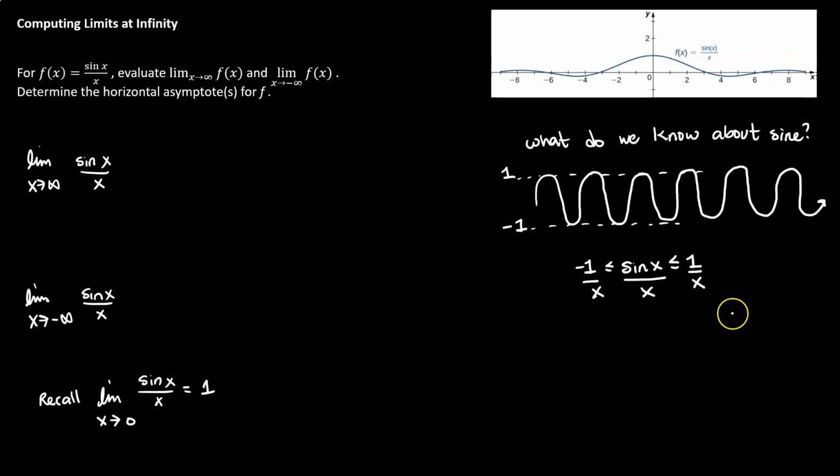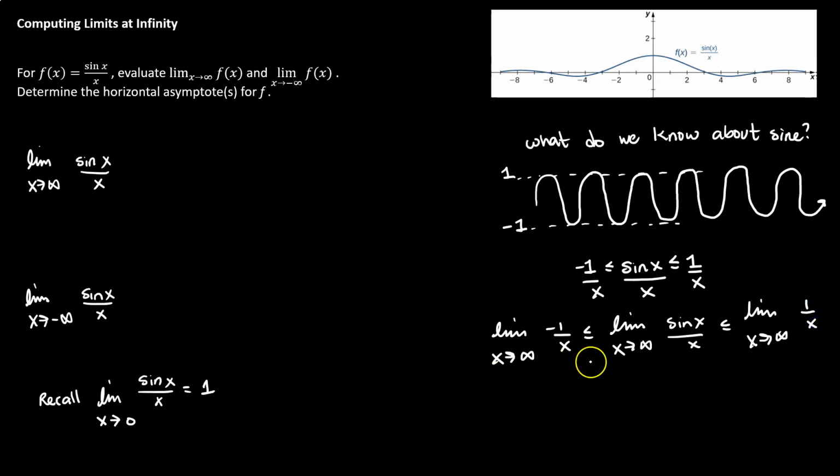And if we take the limit of each term in this inequality, let's do the limit as x goes to infinity first. We can use the Squeeze Theorem here to see that the limit as x goes to infinity is squeezed between these two outside functions, -1 over x and +1 over x.